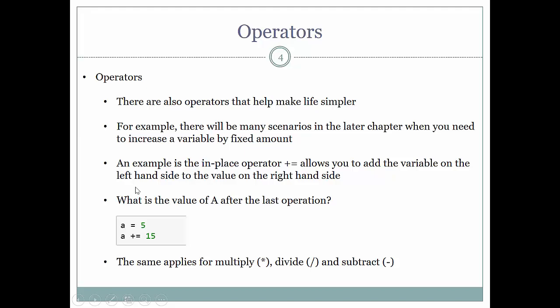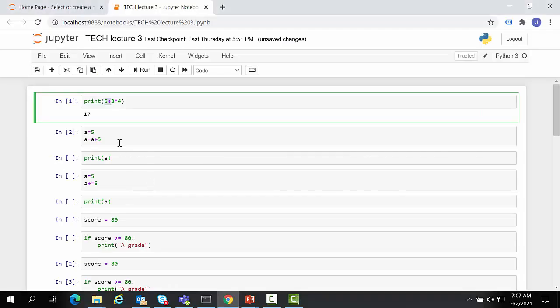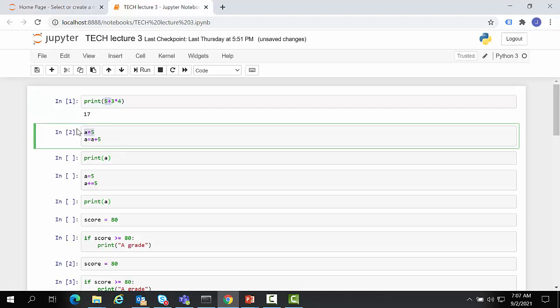Let's take a look at this in Jupyter Notebook. Without in-place operators, you would declare a variable such as a equals 5, and if you wanted to increase it by 5, you would assign the value of a plus 5 to a. Because a in the earlier line is 5, it's actually 5 plus 5 equals a, which is 10.